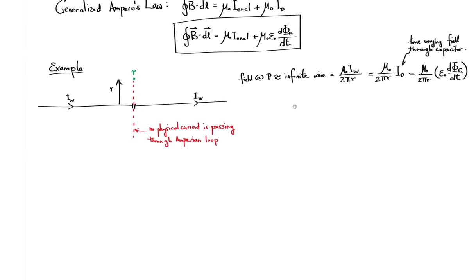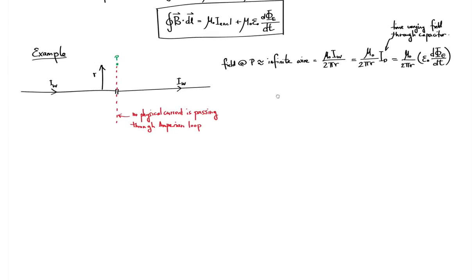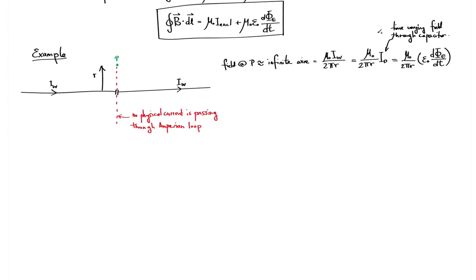And so, when the capacitor is entirely charged up, I_d will go to 0 when there is no time varying flux. So when the electric field here stops changing, what that means is that the rate of change of the charge on the plates is no longer changing, which means the current is going to 0 as well, right?